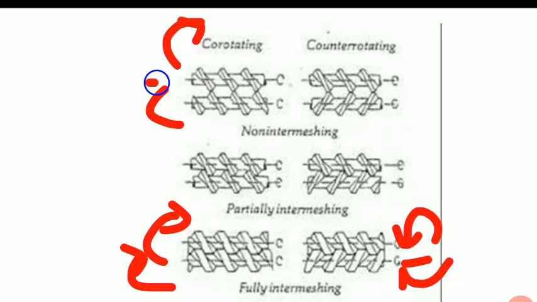In counter-rotating, one rotates clockwise and another rotates anti-clockwise. In co-rotating, if one roll rotates clockwise, the other also rotates clockwise. And also conjugated and non-conjugated rolls, that is highly intermeshing and non-intermeshing.